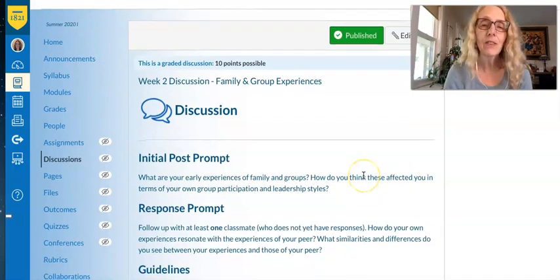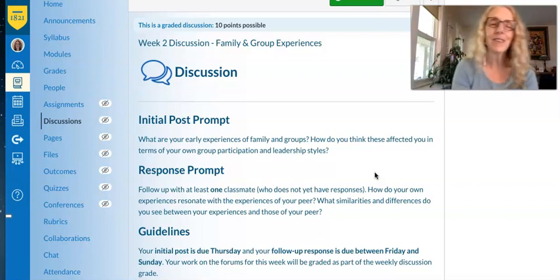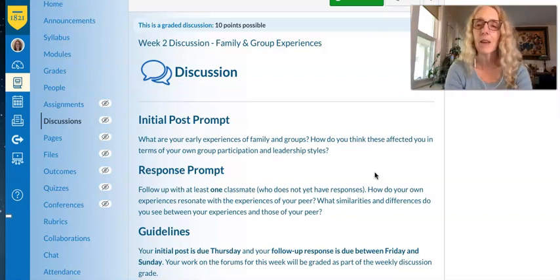All right, so this is a discussion, your first discussion of the course. And this is asking you, what are your early experiences of family and group? Should actually be, what were your early experiences, but I'm not grading this. Only share what you feel comfortable sharing. You do not have to reveal things about your family or groups that you don't really feel comfortable doing, okay?